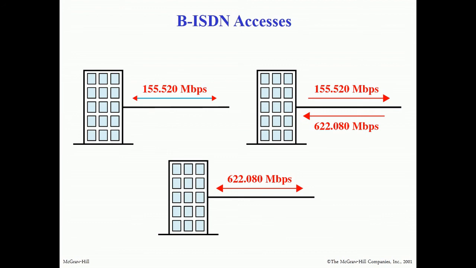A very high data rate and high bandwidth utilization make broadband ISDN better than narrowband ISDN. Also, its ATM technology and advanced services contribute to better performance. So this is all about ISDN, Integrated Services Digital Network. Thank you.